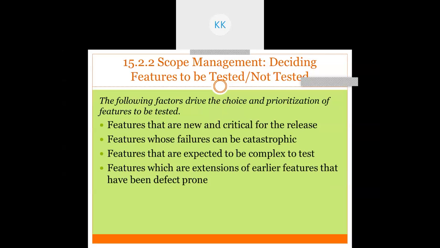First, the features that are new and critical for the release need to be tested. Similarly, features whose failure can be catastrophic, which will lead to another failure, need to be tested. Then features that are expected to be complex need to be tested first. Then features which are extensions of earlier features.